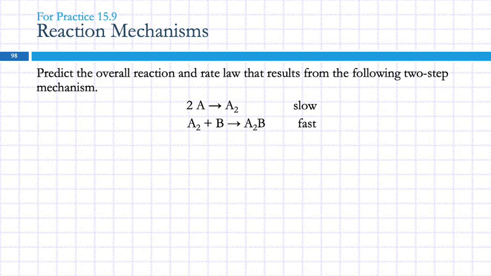We just have to add these together. This A2 is an intermediate. It gets formed in the first step and destroyed in the second, so it doesn't show up in the overall reaction. So there's the overall reaction.